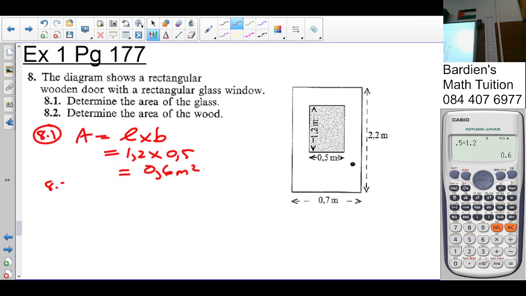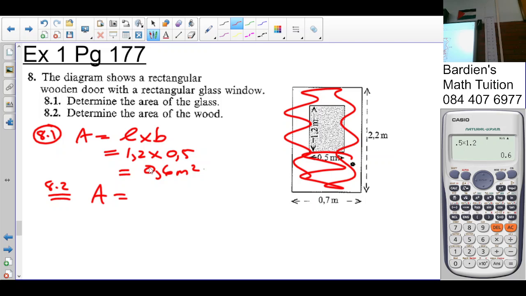Then in 8.2 it says determine the area of the wood. So the area of the wood, which is this now, or everything else, not so. How do you calculate the area of the wood? We're going to calculate the area of the door, the full door, minus the area of the glass. Not so.